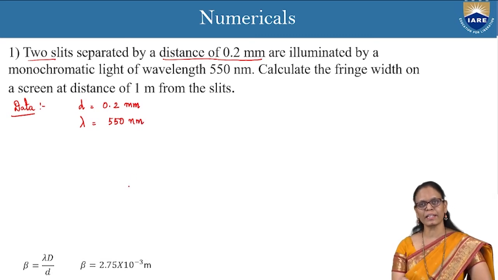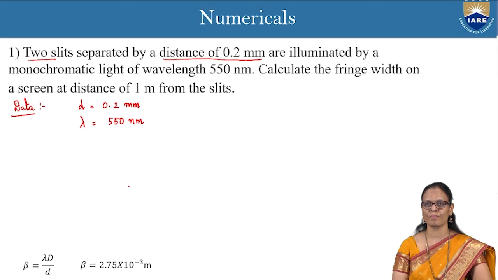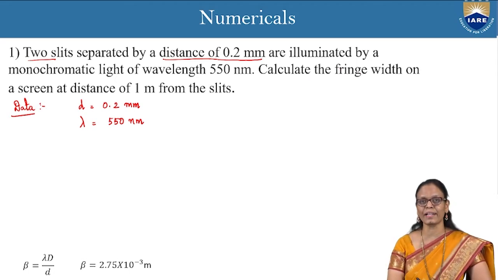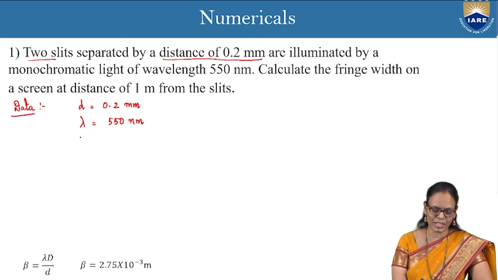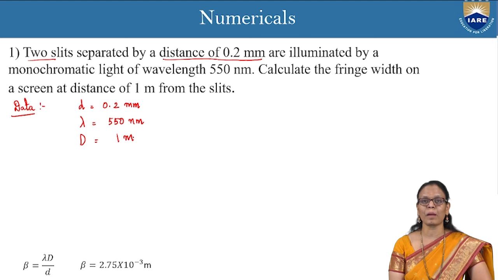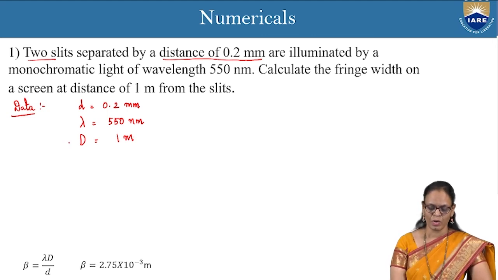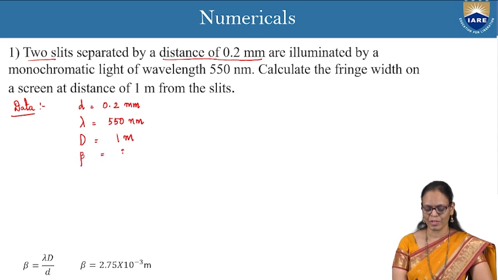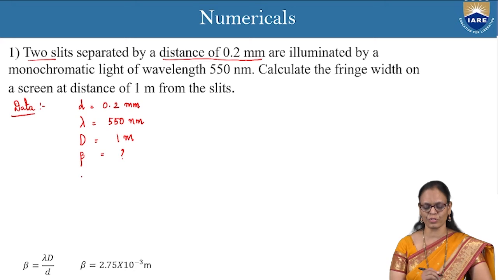First we'll write the data and then we'll think about the conversions. And calculate the fringe width on a screen at a distance of 1 meter. So the screen is kept at a distance of 1 meter, denoted by capital D. What we have to find is the fringe width beta.